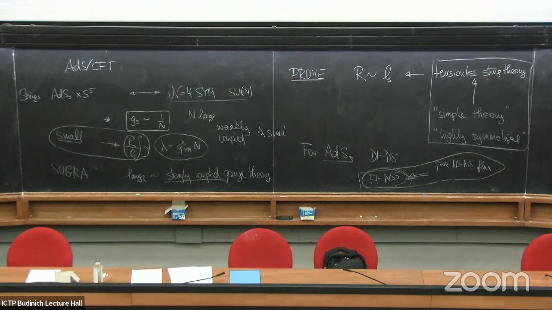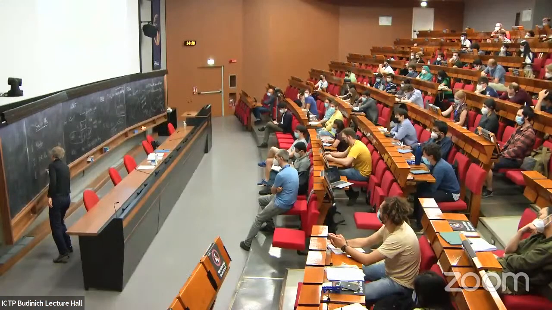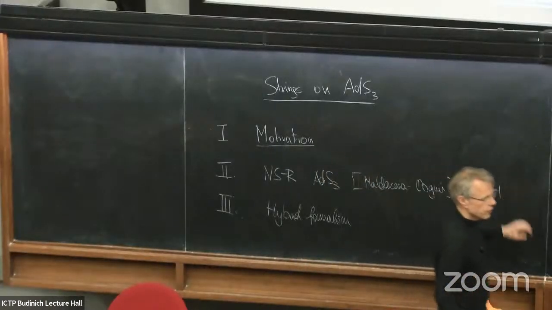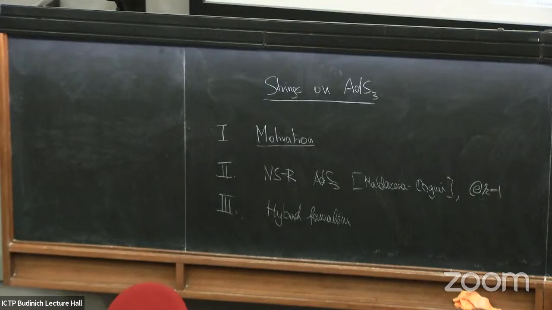But there are some subtleties about the k equals 1 theory, and therefore there's an alternative formalism, the so-called hybrid formalism, which you should think of as follows: this is Neveu-Schwarz-Ramond, and the hybrid formalism is like Green-Schwarz. So you go to a description in which space-time supersymmetry is manifest.